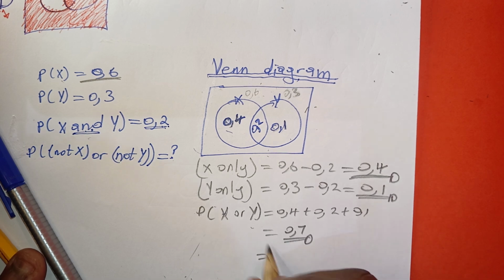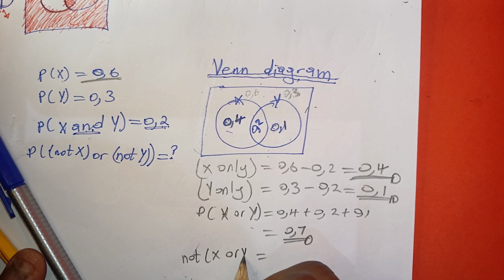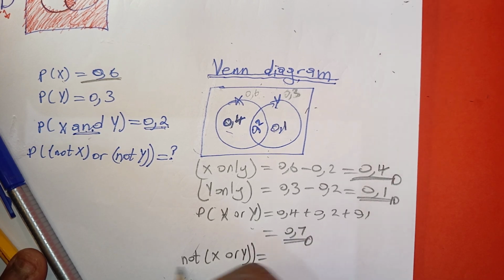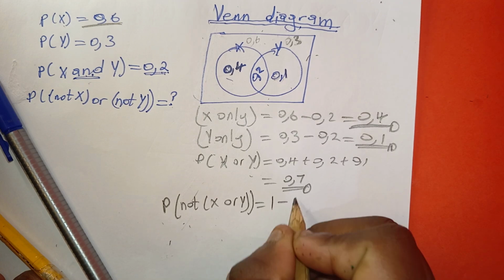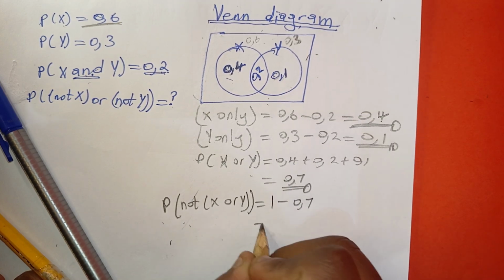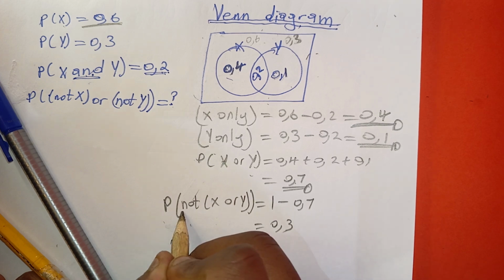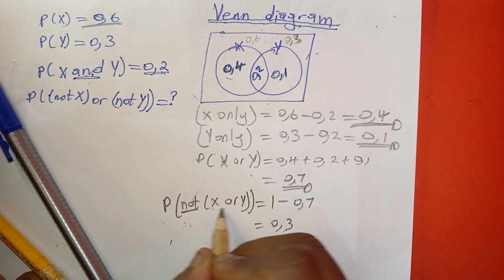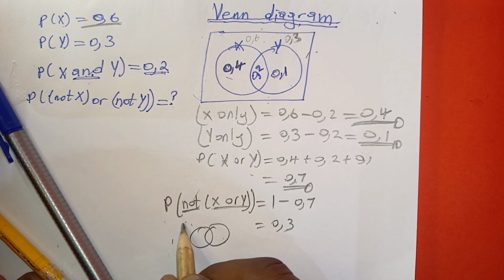So I can just say not x or y. I'm trying to get the probability of what is outside. I'll say 1 minus that 0,7, meaning now I'll get 0,3. And now I can say not x or y, meaning I'm referring to what is outside.